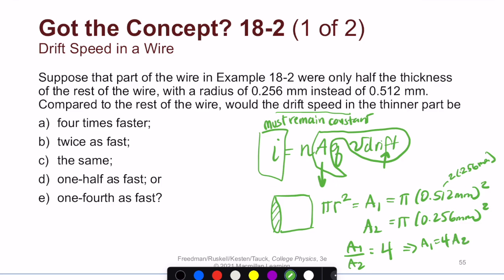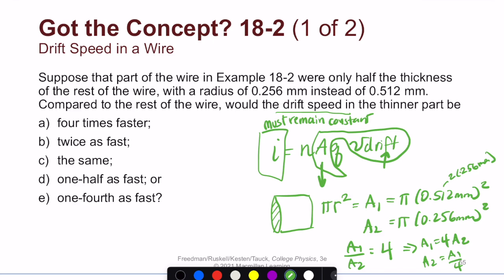And so A2 is A1 over 4. We're decreasing our area by a factor of 4. So then our drift speed must go up by a factor of 4. Right?